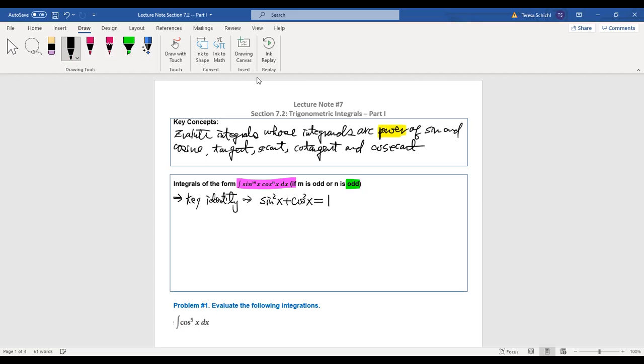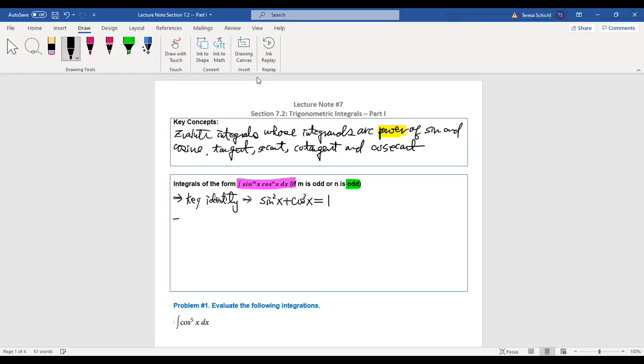We can use this identity to change a function of sine into a function of cosine, or the cosine into a function of sine. So 1 minus sine squared equals cosine squared, or 1 minus cosine squared equals sine squared. This is one of the key identities we're going to use.